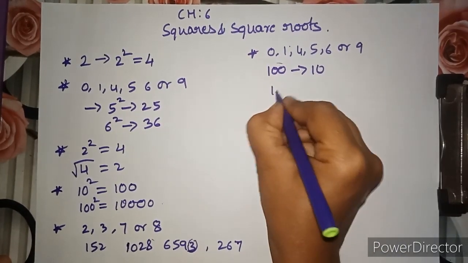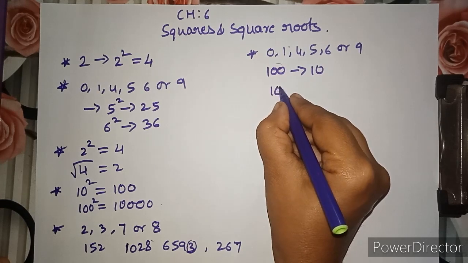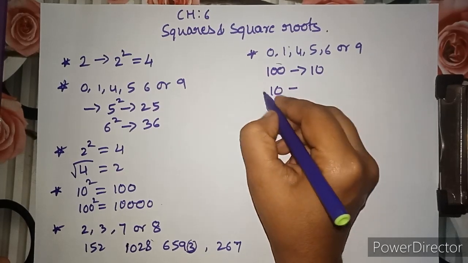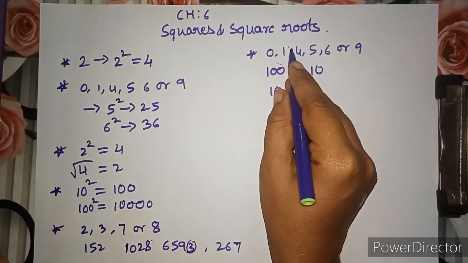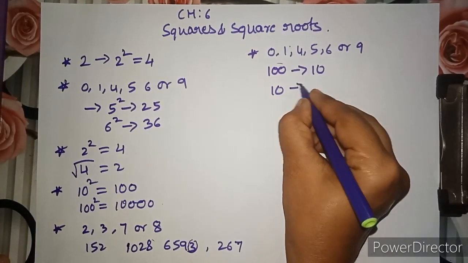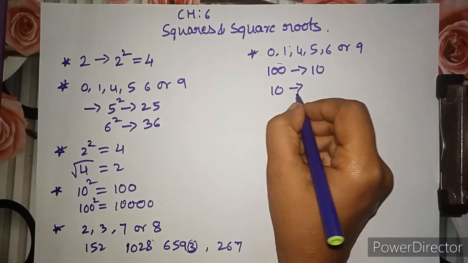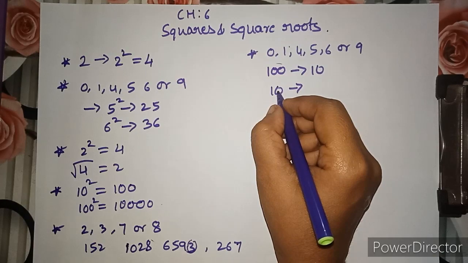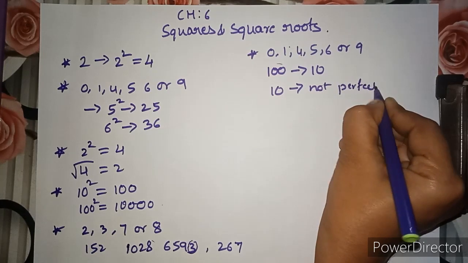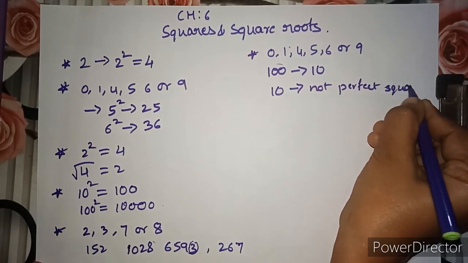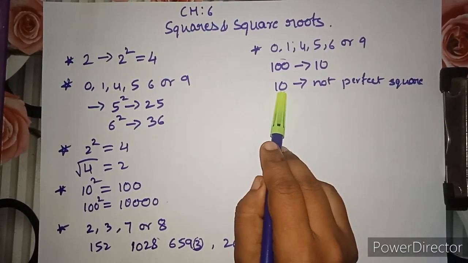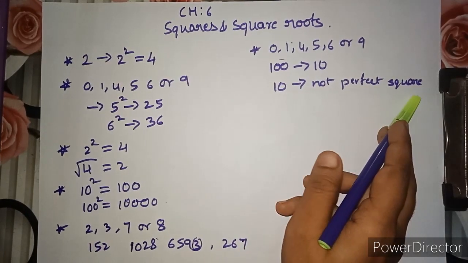But in the same way we have 10 here: the unit digit is 0, but it's not a perfect square. We have unit digit 0 here, but it's not a perfect square.